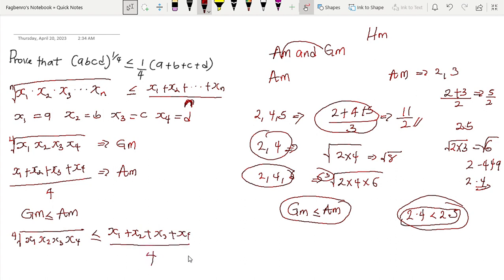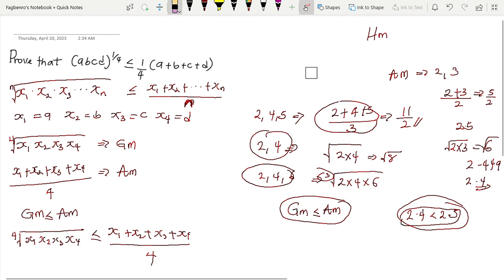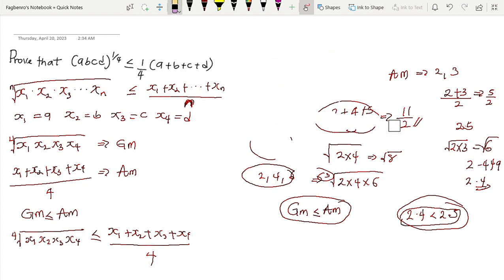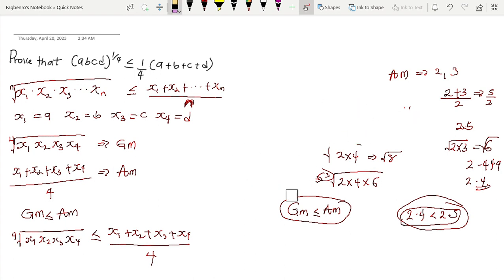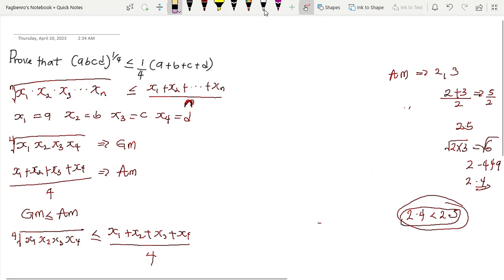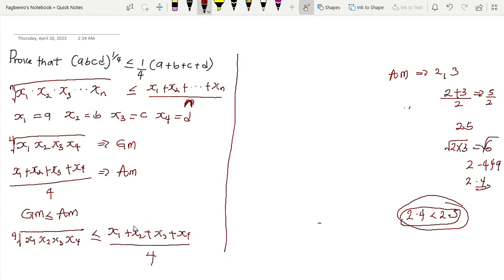Let me clean this so that we can have some space to work. Don't forget that your x1 is a, your x4 is d, and so on.